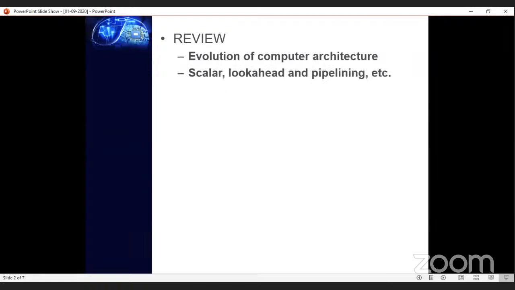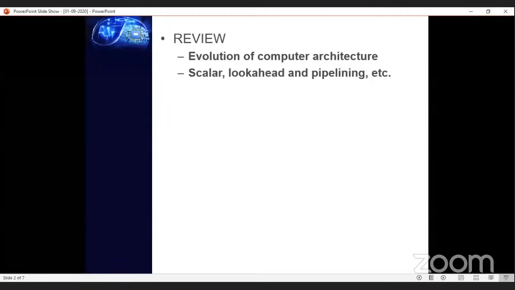Under this topic, we discussed the types of computers based on the processing. Even in my beginning session, I told you computers are classified into several categories by using the process.